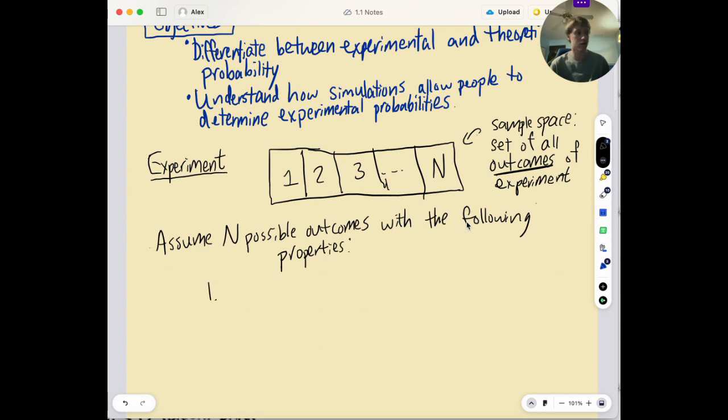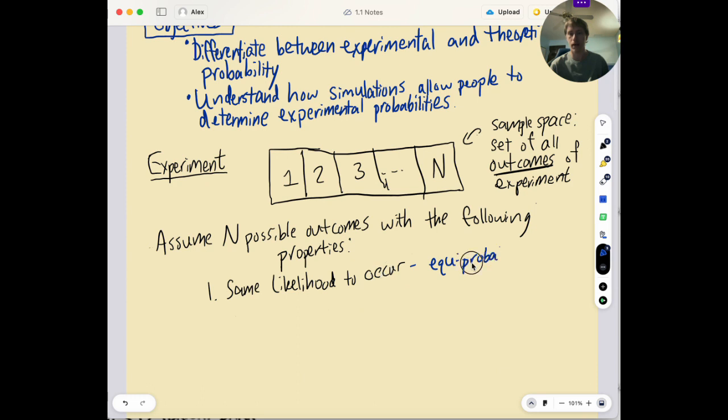First, all of them are going to have the same likelihood to occur. Outcome number 1 is just as likely as outcome number 357. We call this equiprobable, is the word for that.